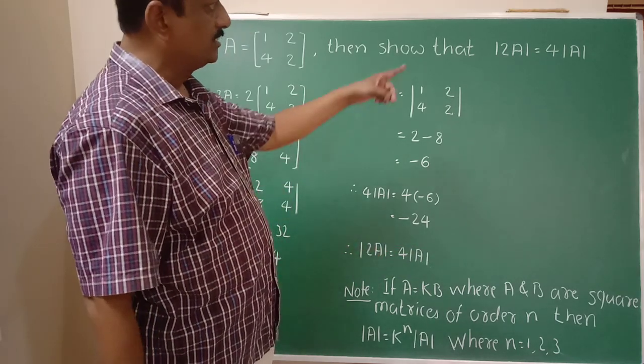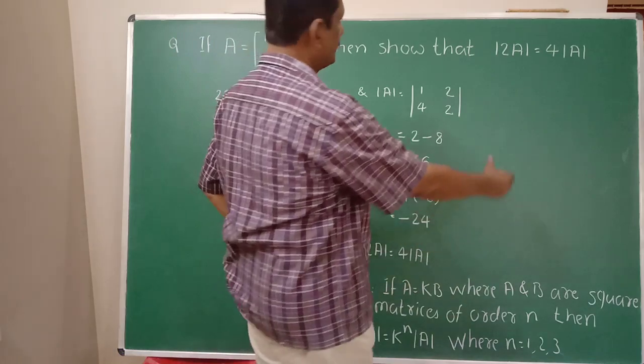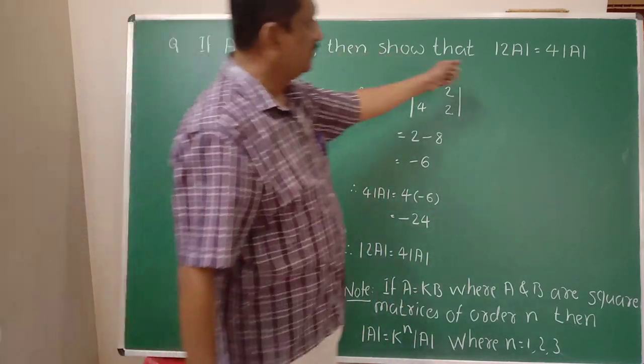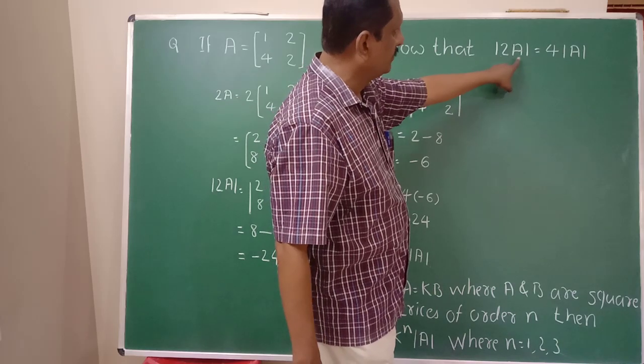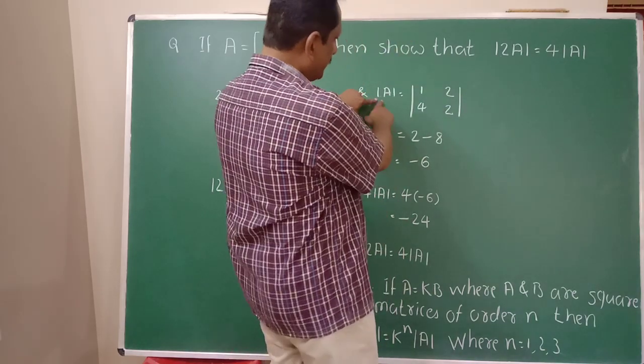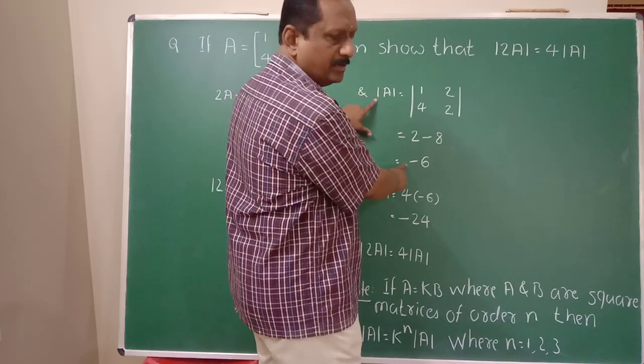You just observe here. In this case, A is this matrix. Then determinant of 2 into A is equal to 4 times determinant of A. You know the determinant of A value is minus 6.